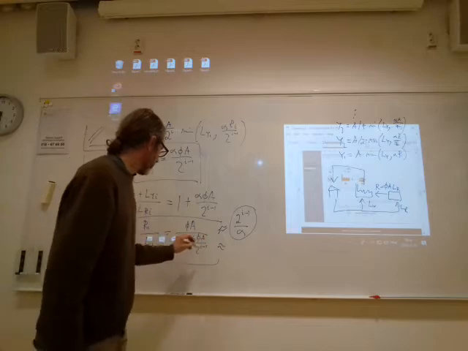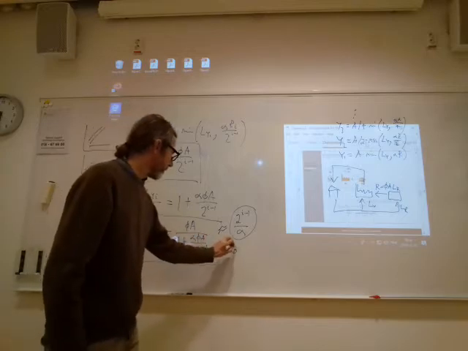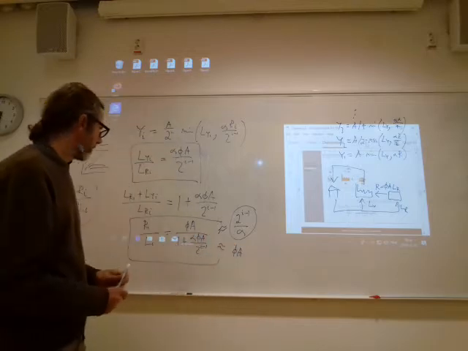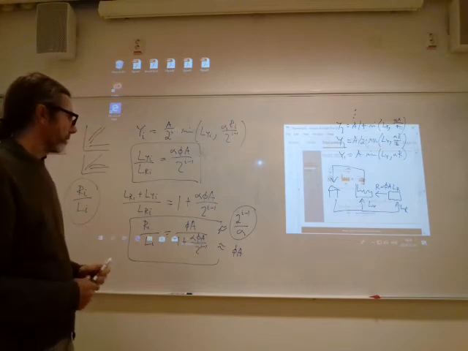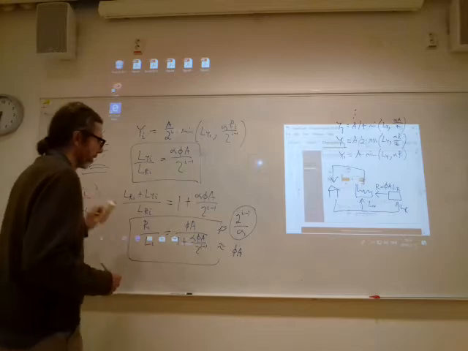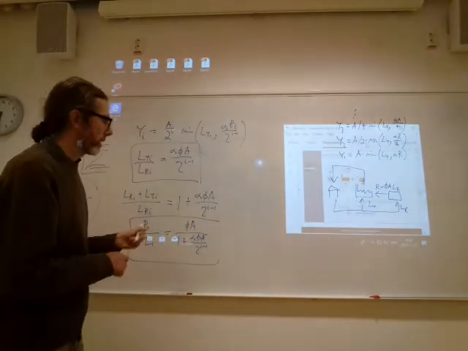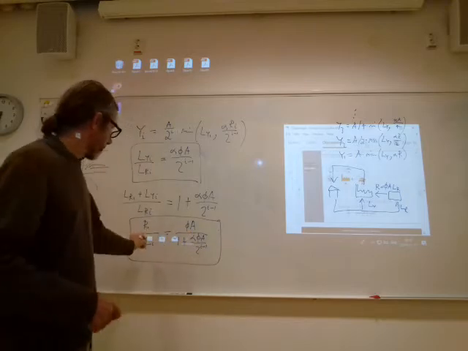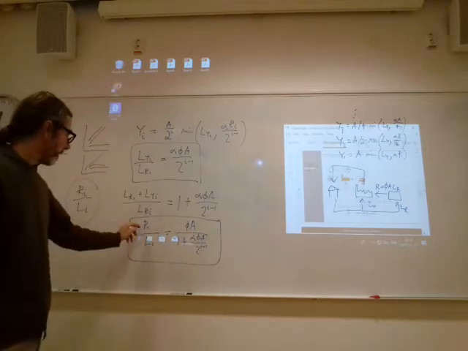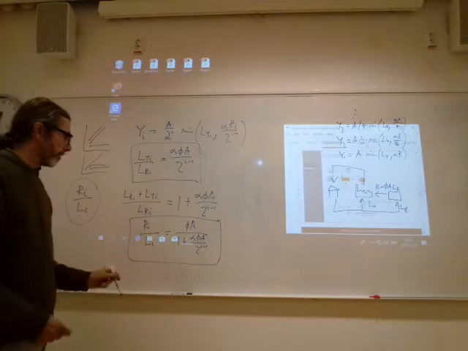In this case, it's just phi A. But I don't think that's relevant, to be honest. I'm not sure that's particularly relevant at all, that whole exercise. Anyway, we've got this expression for R over L for the given good I.